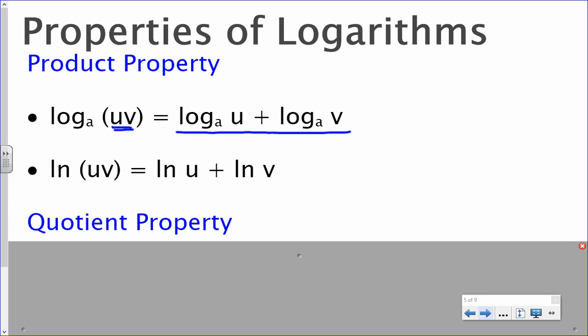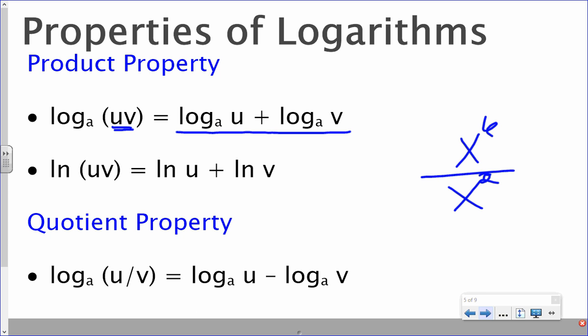Quotient property. Okay, we talked about this a little bit already. If we are dividing with the same base, what do we do with our exponents? We subtract them.